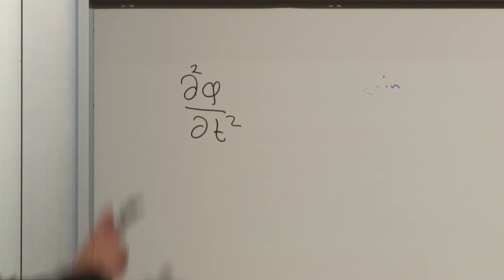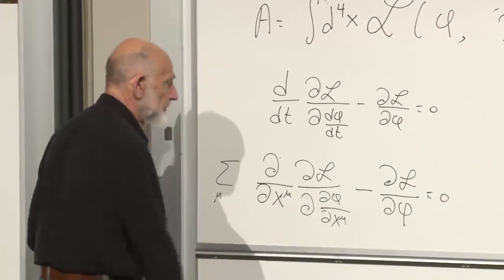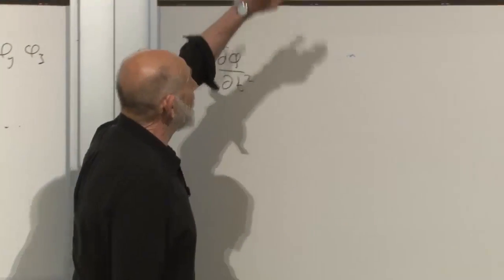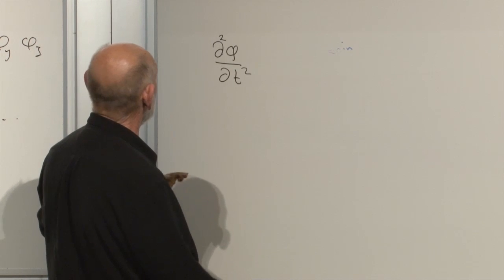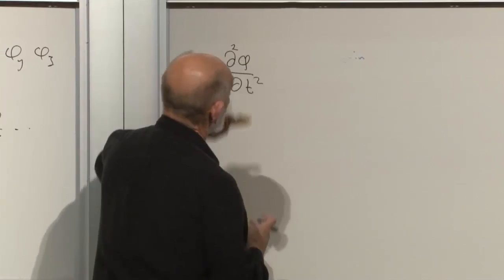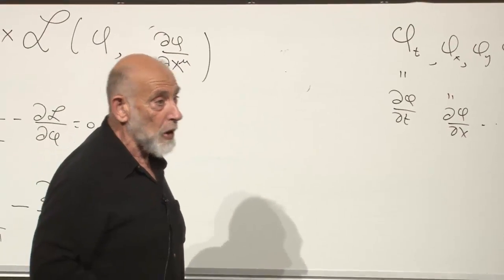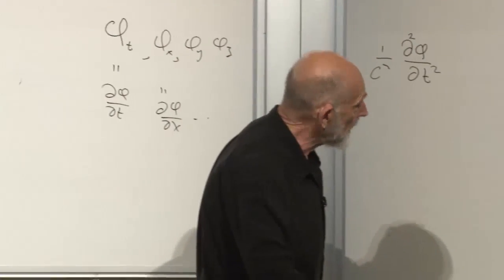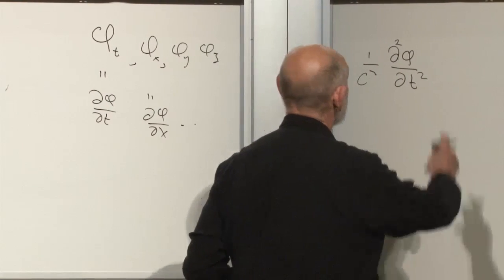Now, we do the same thing with x. We're supposed to sum this over t, x, y, and z. And the only difference when we do it with respect to x will be that minus sign. I could put in the speed, we could put a 1 over c squared here. Let's put that velocity in. And as I said, that velocity could be the speed of sound, it could be the speed of water waves, it could be the speed of whatever kind of waves we're talking about. d second phi by dt squared.